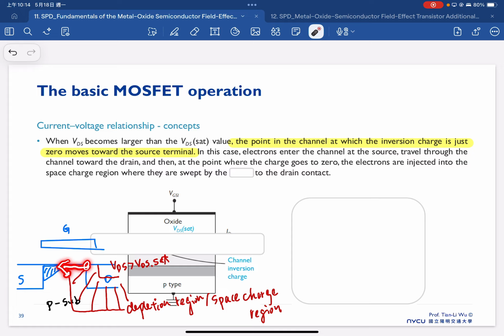The original zero charge point was here, but due to the depletion region it moves toward the source, and the new position of zero inversion charge is here.